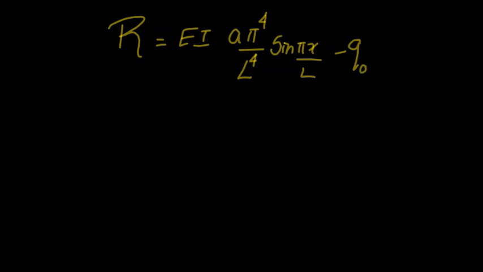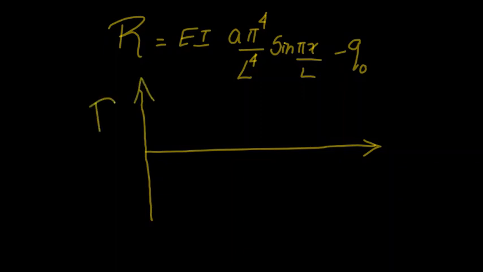Now at x is equal to L by 2, as far as our previous problem is concerned, R is 0. At other points R exists. So I can plot a graph by taking the residual along the y-axis and x along the horizontal line.